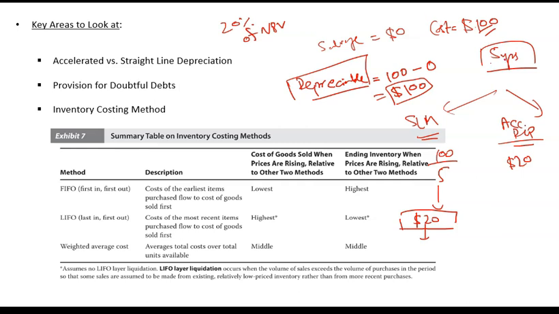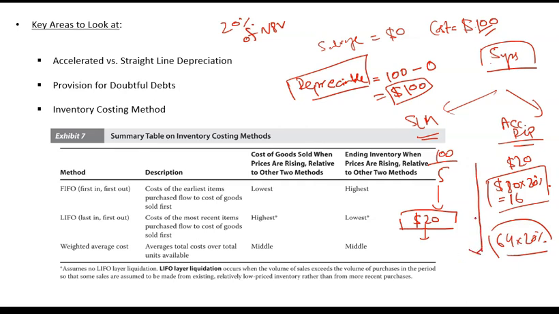In the second year, my remaining value will be 100 minus 20, that is 80. I multiply it by 20%, and the answer is $16. Now my new value will be 80 minus 16, that is 64, and I multiply it by 20%. So you will see that depreciation expense continues to fall throughout the life of the asset.